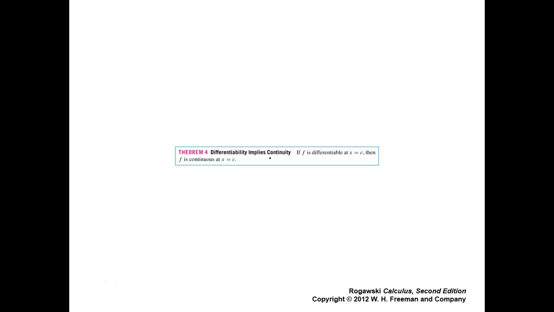Here's one. Show that f of x is equal to the absolute value of x. You tell me something about that function.